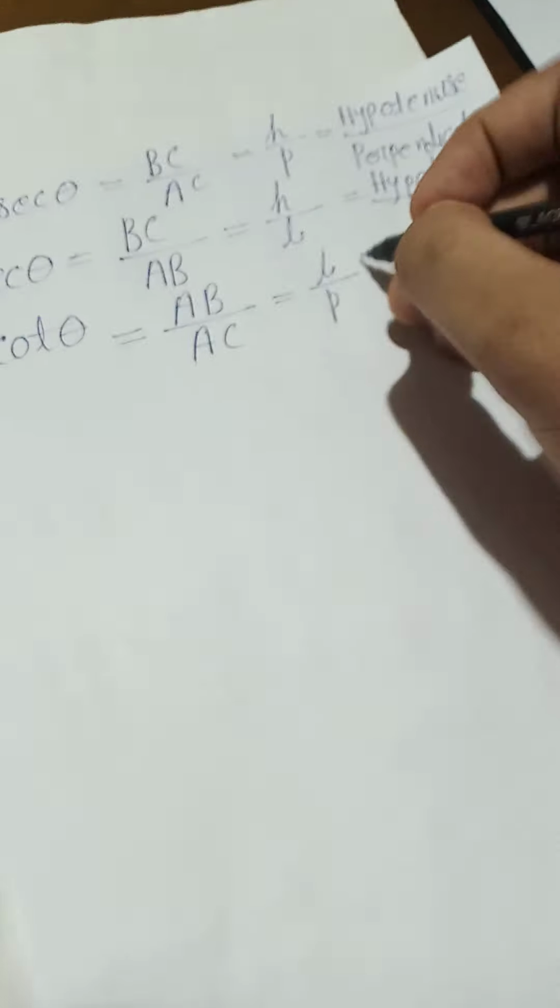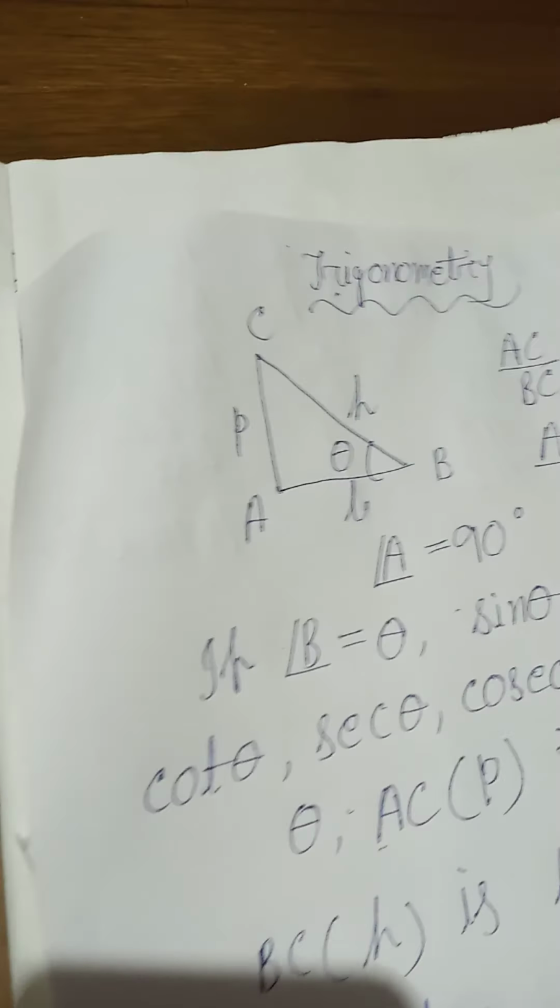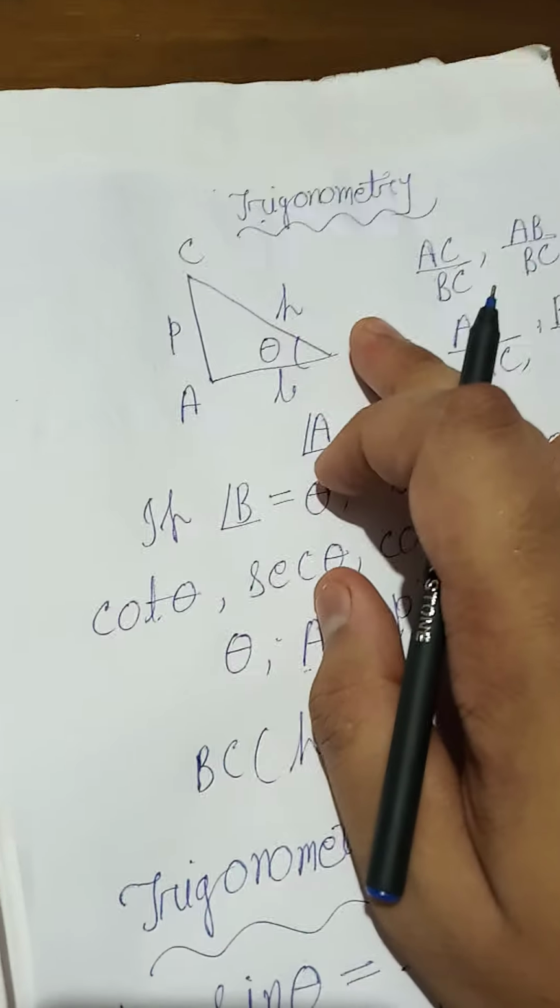That means small b by small p, which means base by perpendicular. So here we find the 6 trigonometric ratios from this triangle.